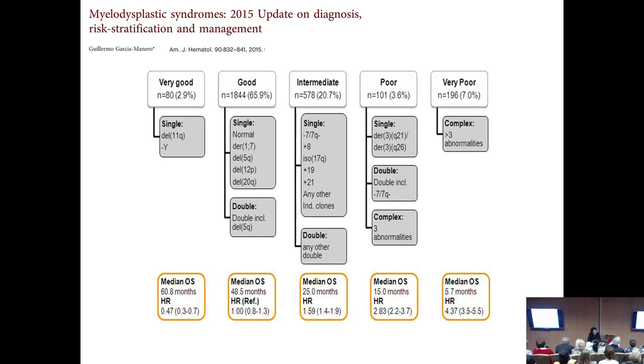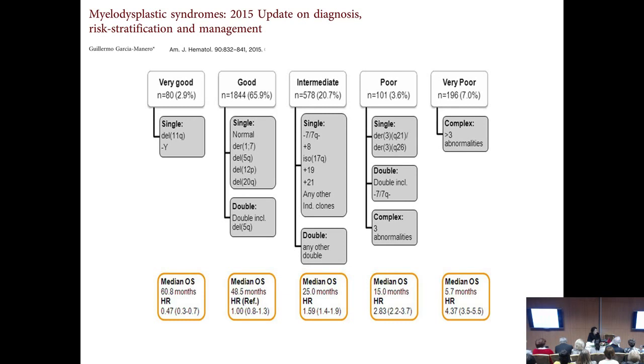Then there are double abnormalities, meaning that 2 chromosomes are affected by chromosomal changes. Then the prognosis is poor, except in cases in which one of the affected chromosomes is 5q.